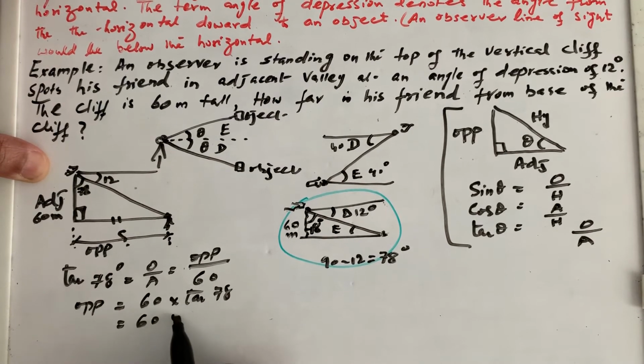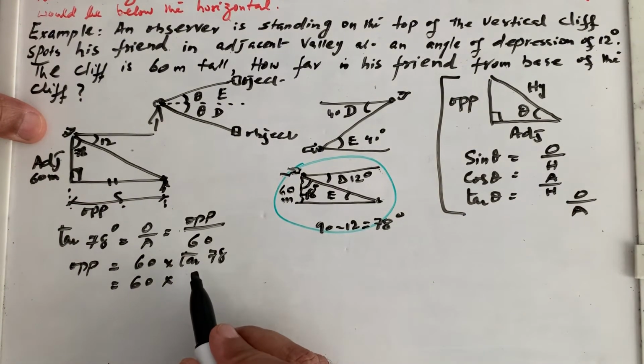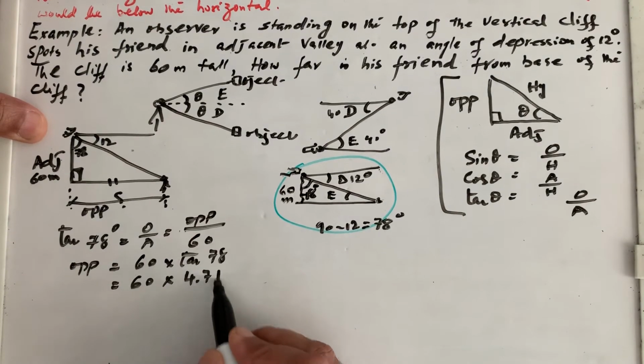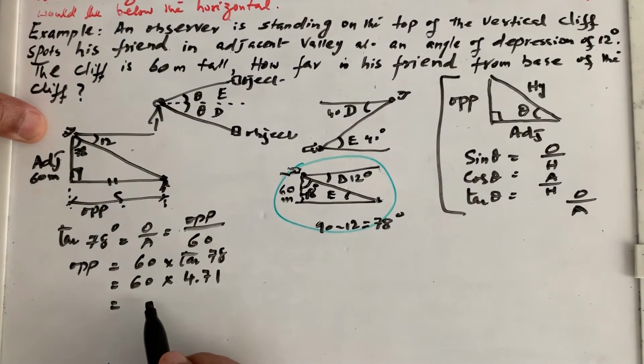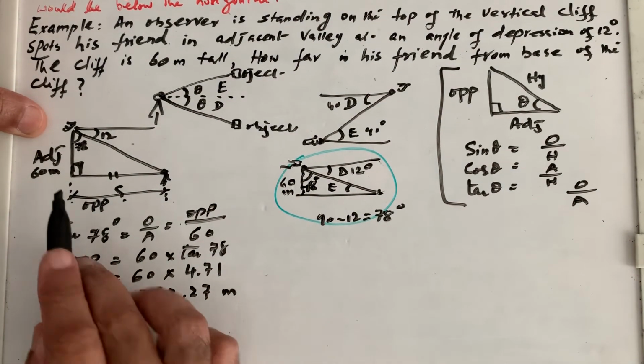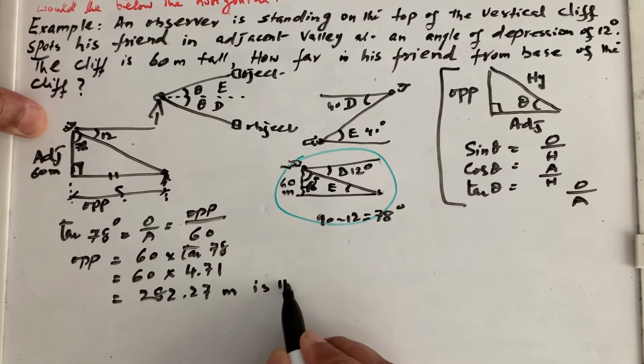Let's check the value of tangent 78, which comes out as 4.71. So we multiply with 60 and this comes out as 282.27, and the unit is meters. So this is my opposite, right? And this is the distance.